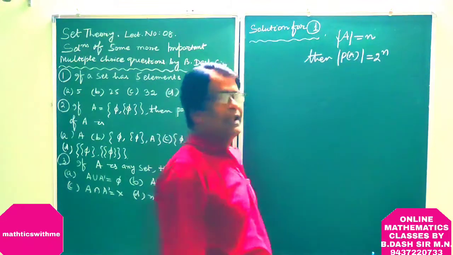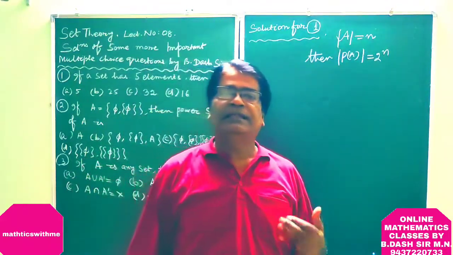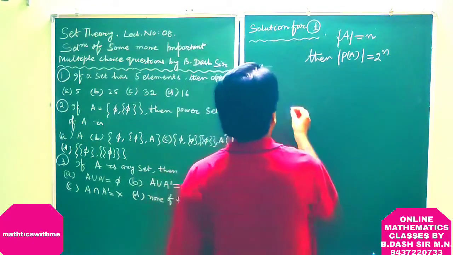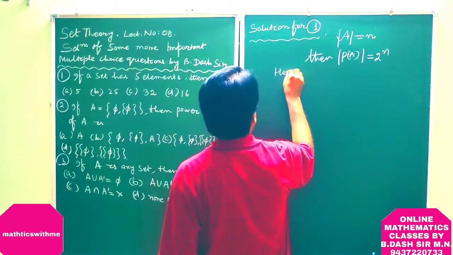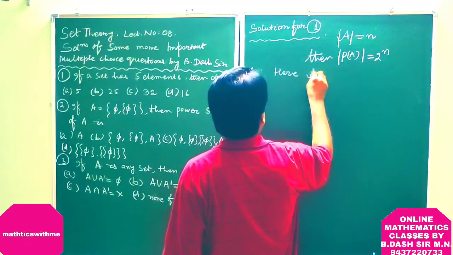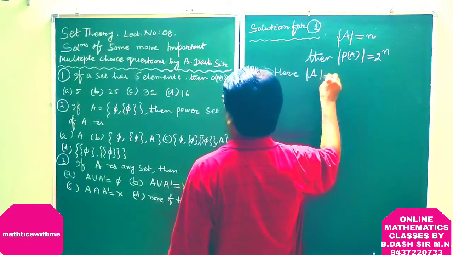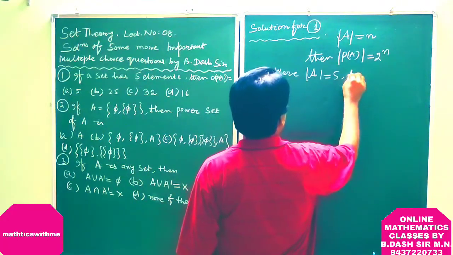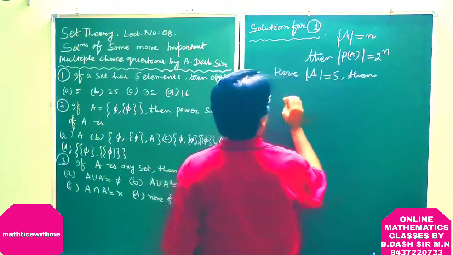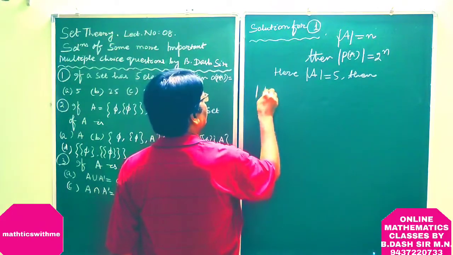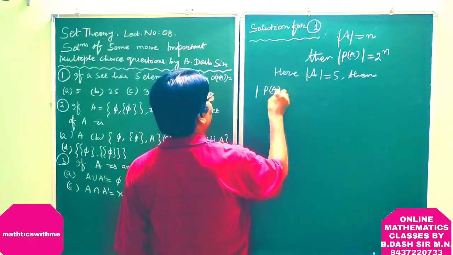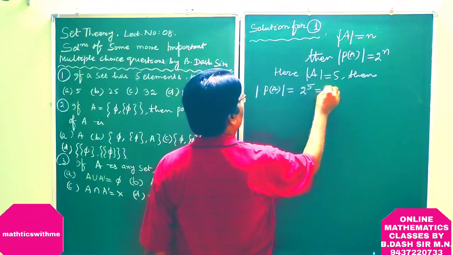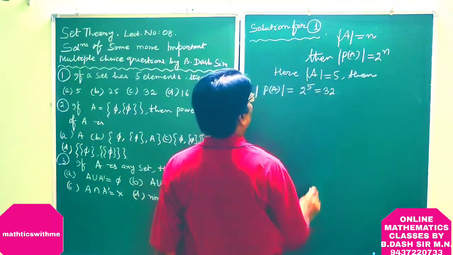Here, the cardinality of A is equal to 5. Then the cardinality of the power set of A is equal to 2 to the power 5, which is 32.